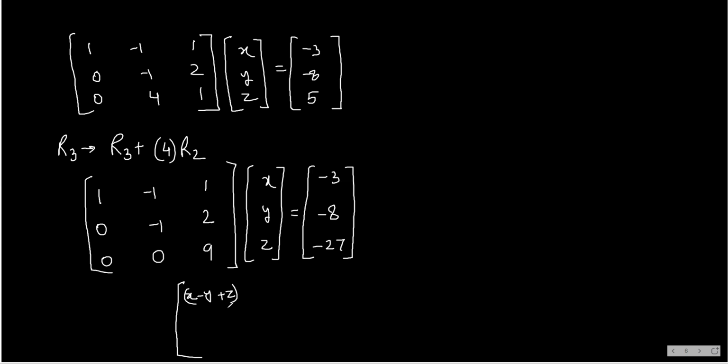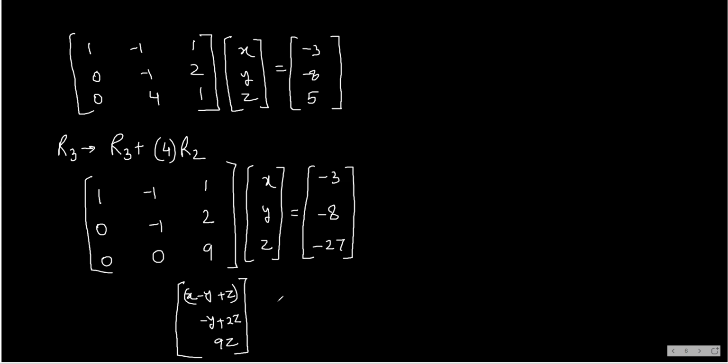This is one single element, remember. Now there is no second column here. Try to understand. In this matrix, there is no second column, and hence the one that you are getting will not have a second column. It will have just one column. Next, 0 into x is 0, minus y plus 2z, and then finally 9z. Third row and first column is 9z.